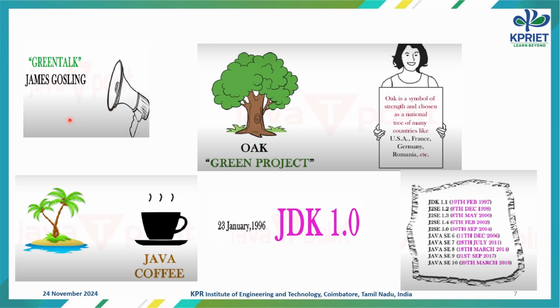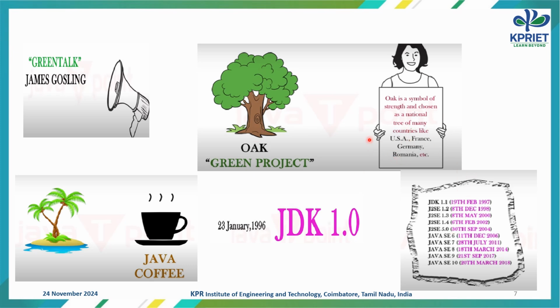After that it was renamed as Oak, developed as a part of the Green Project. Why they gave the name Oak is that oak is a national tree for many countries like Germany, USA, Romania, France, and it is also considered a symbol of strength.